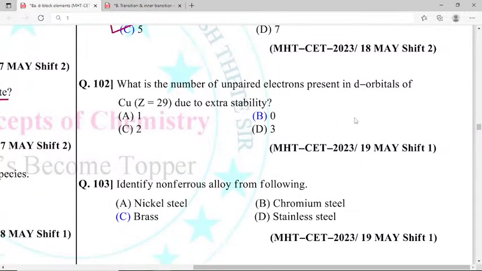What is the number of unpaired electrons? The d orbital of copper has extra stability, so this is 3d10, 4s1. So the d orbital unpaired electrons are 0, because 3d10.